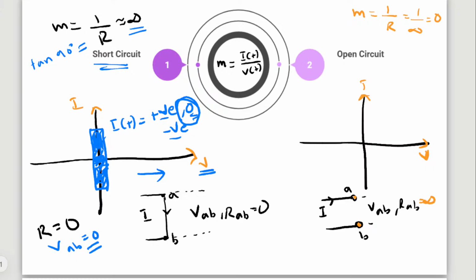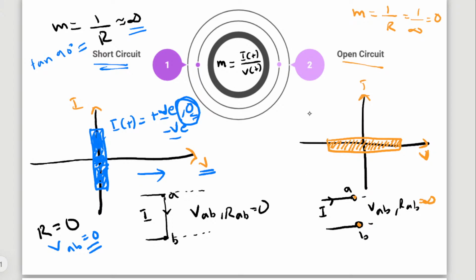What is the straight line which has a slope of 0? We can draw that like this. I'm drawing it like a rectangle to get a good understanding. It's just a straight line, but I am drawing it like this. So this is the VI characteristic of an open circuit.